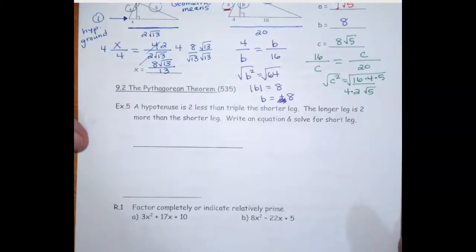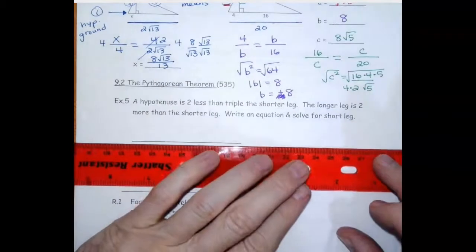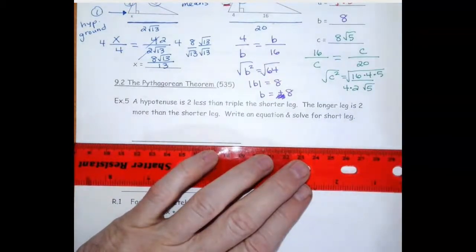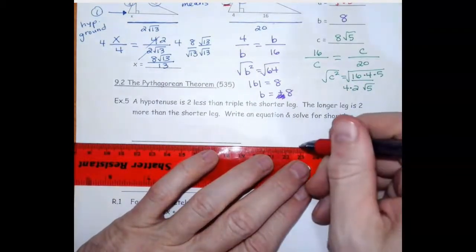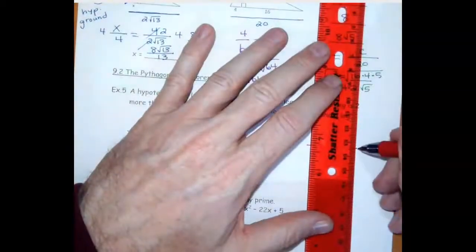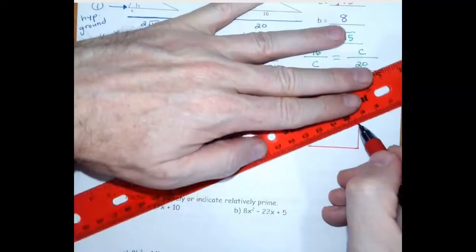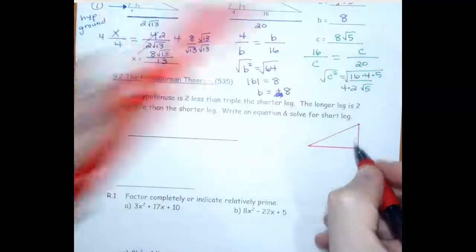That was the Pythagorean theorem. And we want to look at this word problem that we've asked several times. So, in math, and particularly geometry, drawing, sketching, pictures can be pretty helpful.